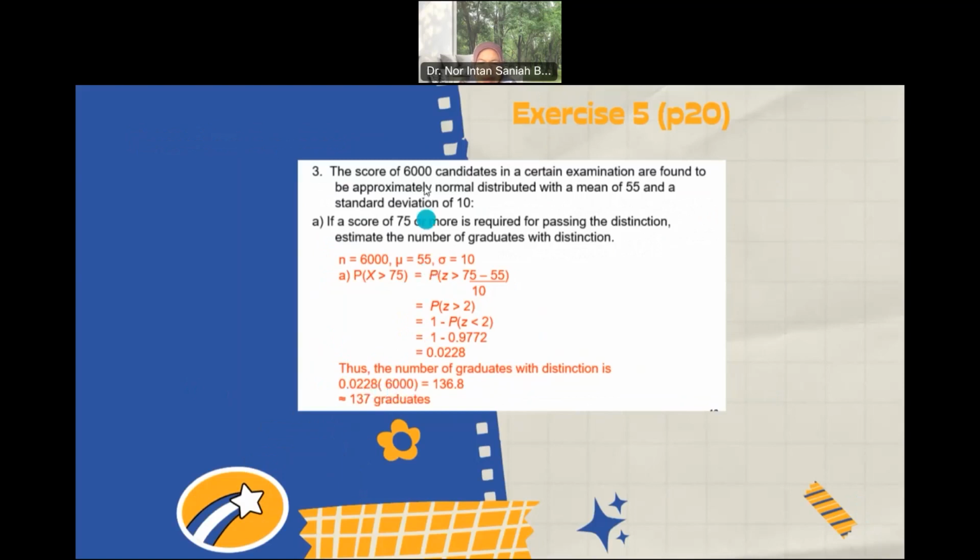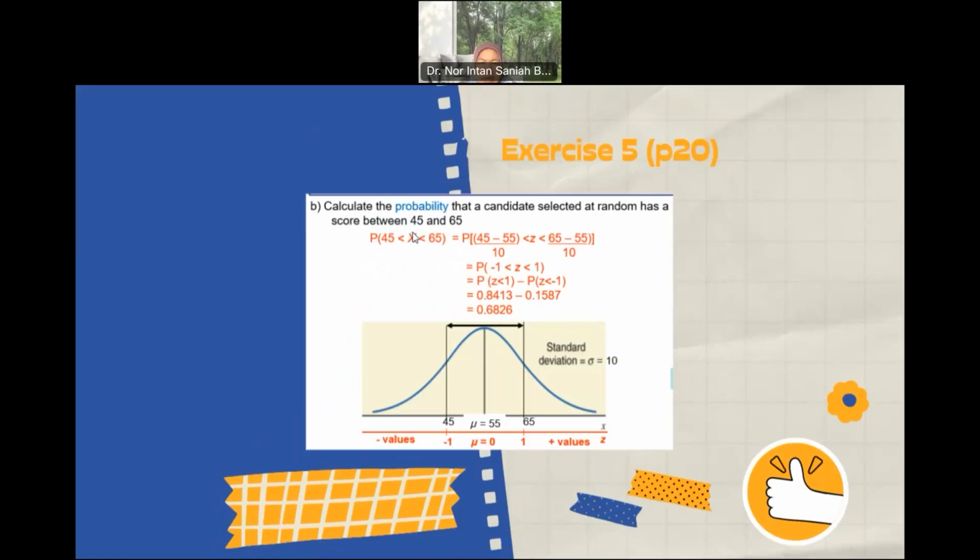Look back at the total students. It asks for an estimate, like forecasting. It wants to see how far it can reach the score of 75. This one calculates the probability, another question from exercise 5, page 20. Make sure you don't get this reversed. Sometimes students get this wrong. You can find the value Z, then find the probability.